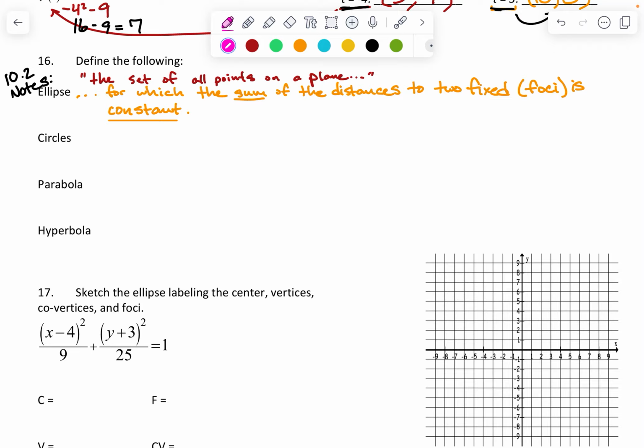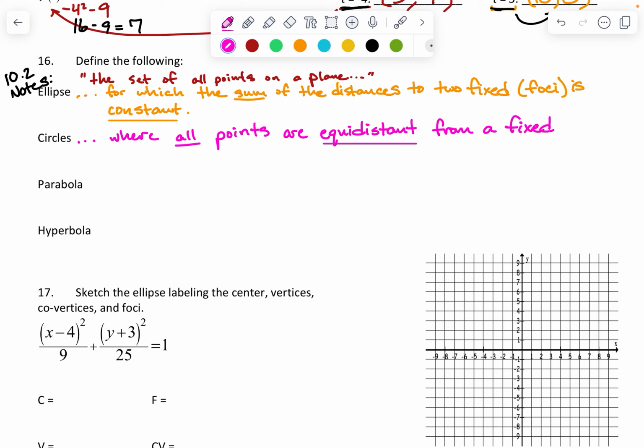But a circle is the set of all points on a plane where every single point on the circle is equidistant, meaning the same distance, from a fixed point, and on a circle, that fixed point is the center. And the center is marked with the coordinates (h, k).